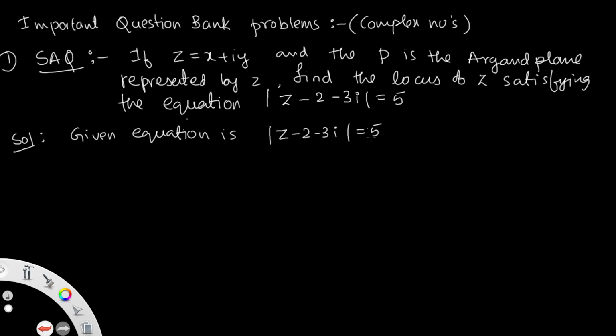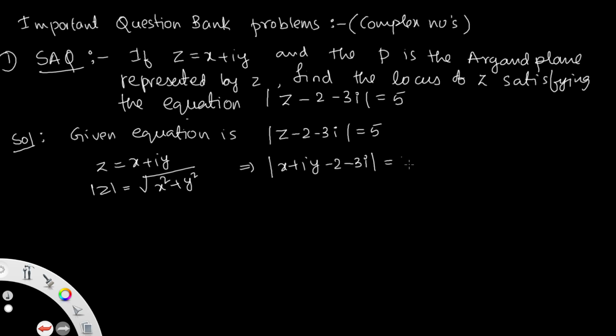If z equal to x plus iy, then mod z equals root of x square plus y square. Now substitute in the given equation, that is modulus of x plus iy minus 2 minus 3i equal to 5. Take the real parts and imaginary parts separated: modulus of x minus 2 plus i into y minus 3 equal to 5.